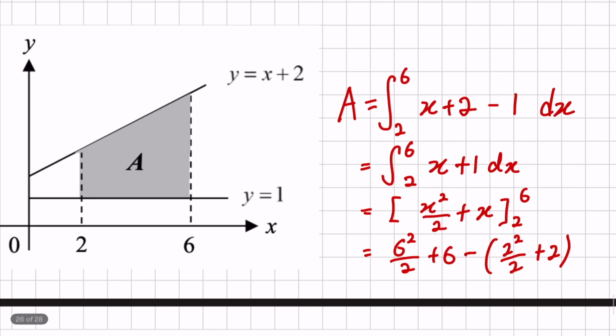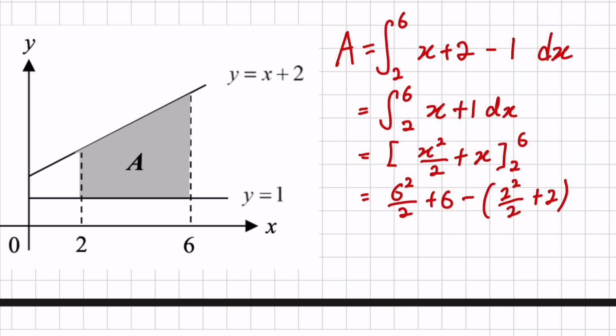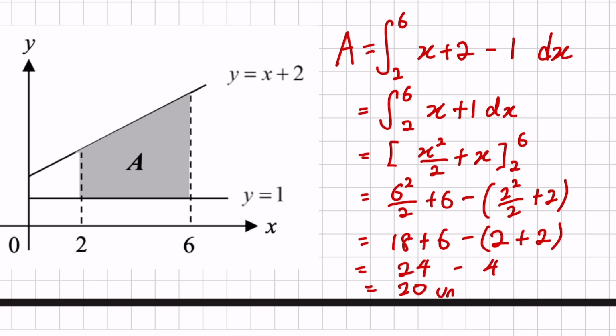If I evaluate this, I should be able to simplify and get 18 plus 6 minus 2 plus 2. I should get 24 minus 4, so the answer should be 20 units squared. So this is one simple example.